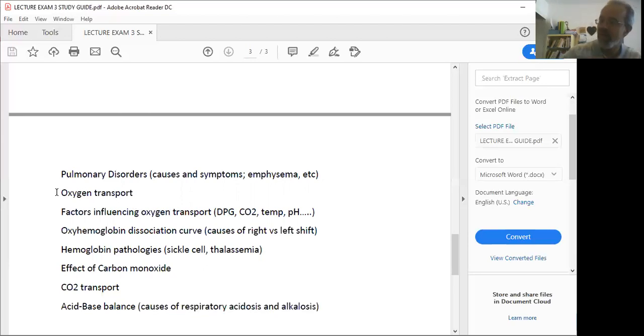Again, oxygen is transported primarily by way of hemoglobin. Without hemoglobin, we would be able to transport only a fraction of the oxygen. What are some of the factors that influence oxygen transport?